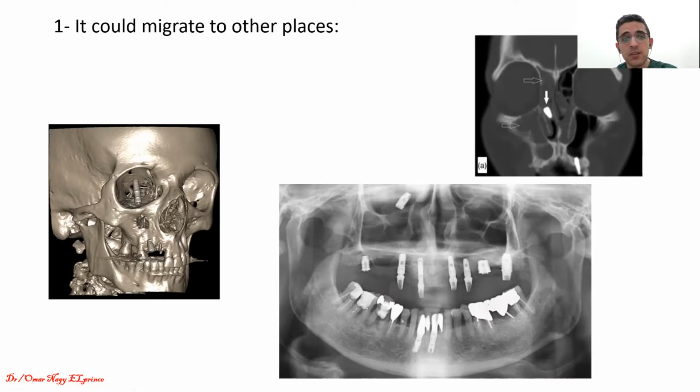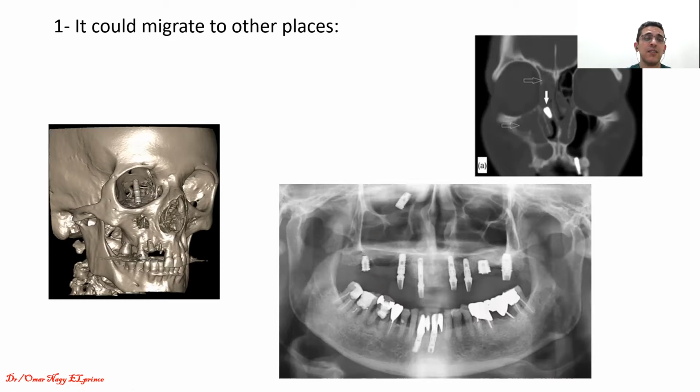But usually the first place that you will look for the implant is always the nose. After the maxillary sinus, the next place you anticipate the implant will migrate to is the nose. And this comes down to many things. The first is the difference in pressure or the ciliary movements.